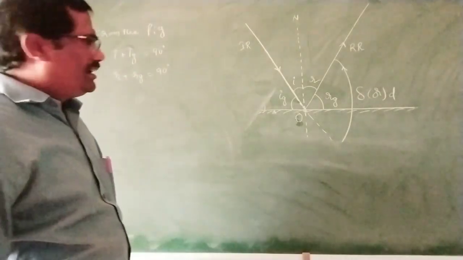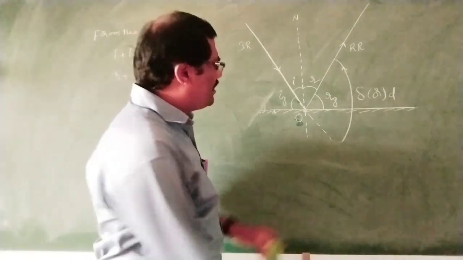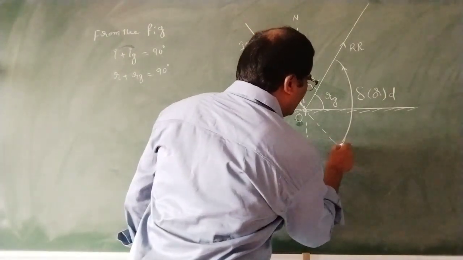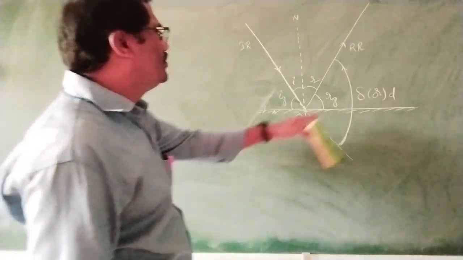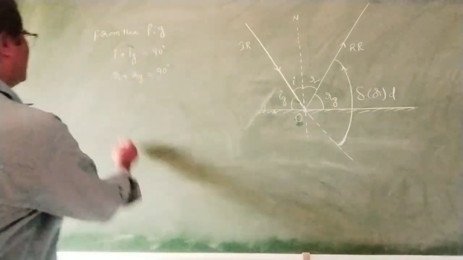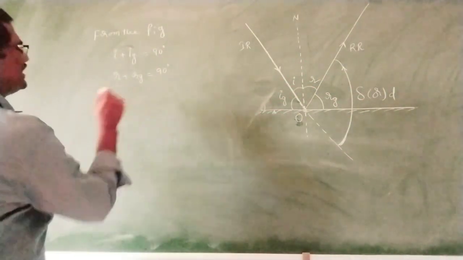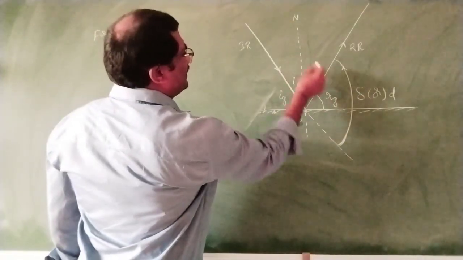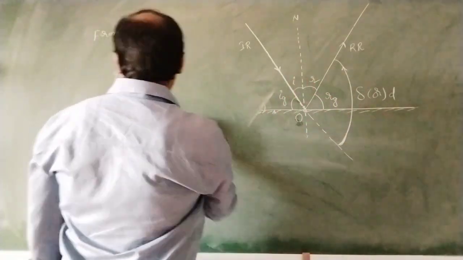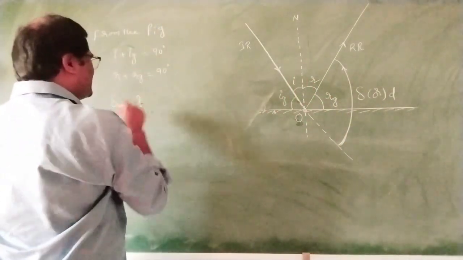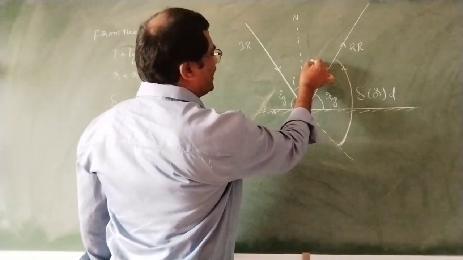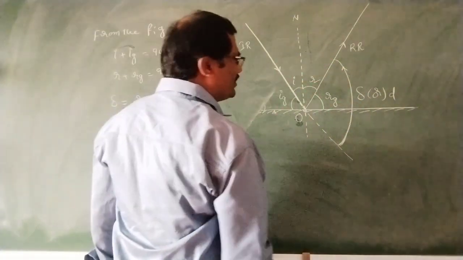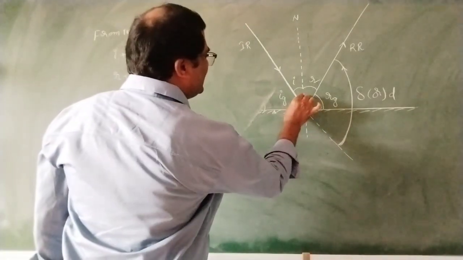This is the angle of deviation. How to find the angle of deviation? Delta plus R plus I is equal to 180 degrees. This is a linear pair.